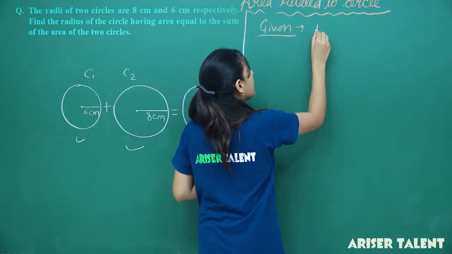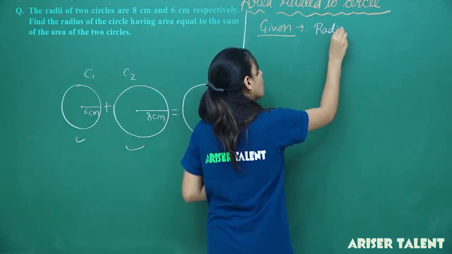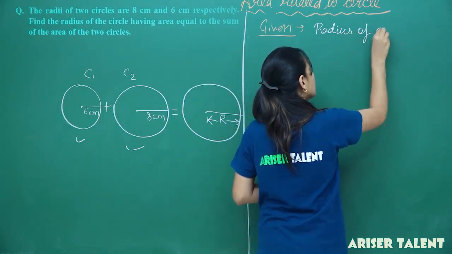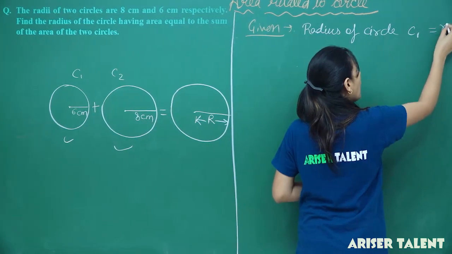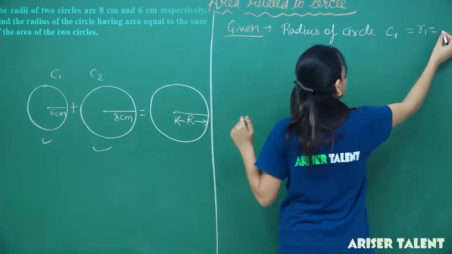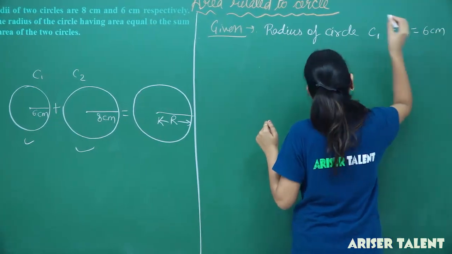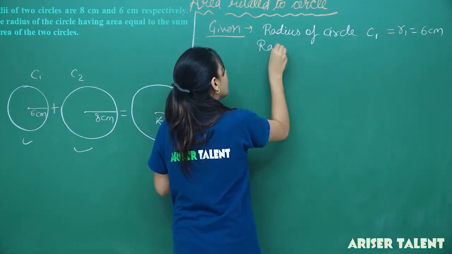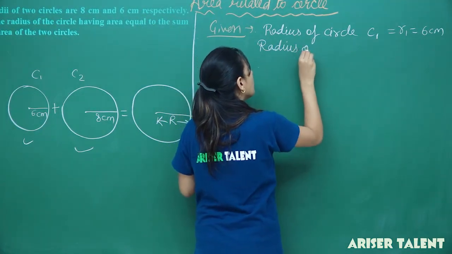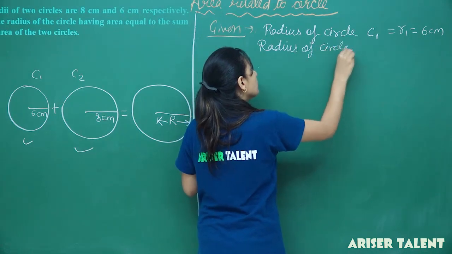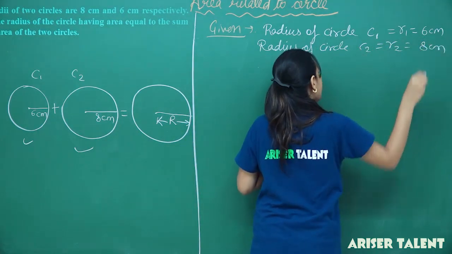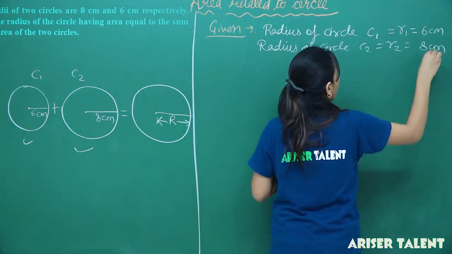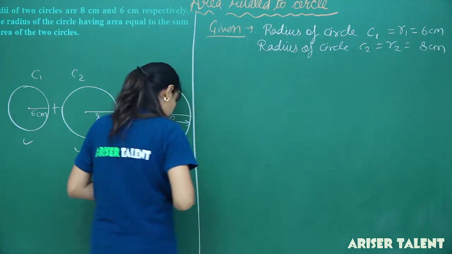So, radius of circle C1 equals R1, and that's given as 6 centimeter. Now, again, radius of circle C2 equals R2 equals 8 centimeters. Right.